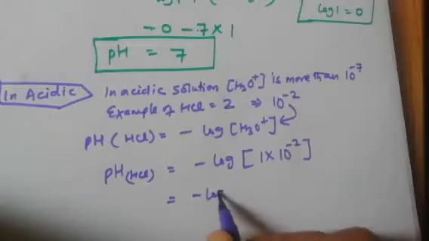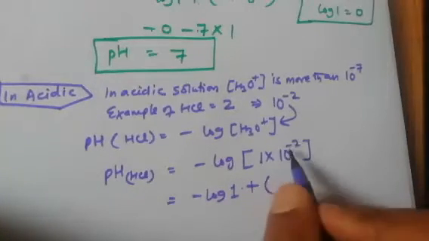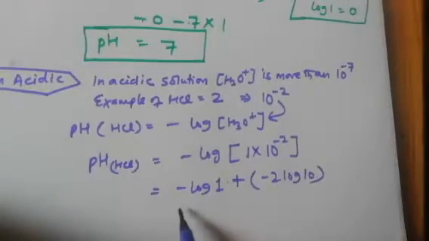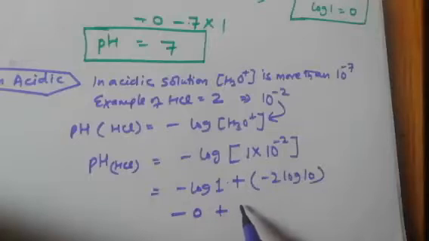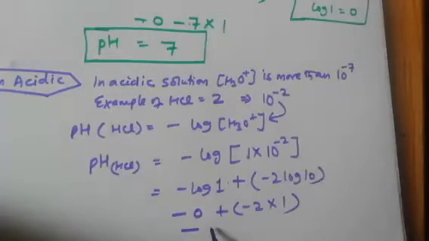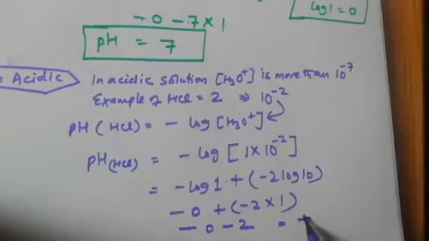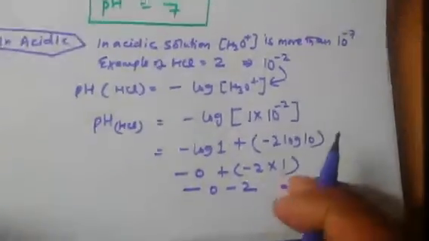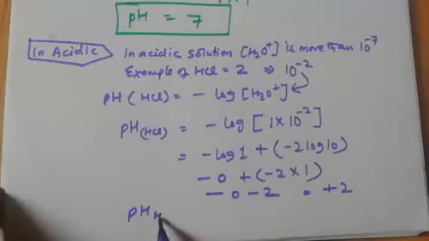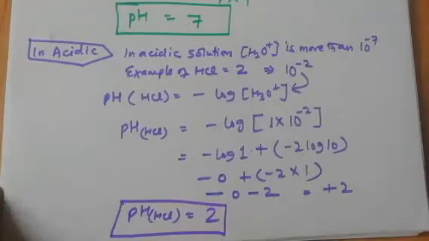That is minus log 1 plus minus 2 log 10. Minus log 1 is 0, and minus 2 into log 10, which is 1, gives minus 2; with the minus sign in front it becomes plus 2. So the pH of HCl or any such acid is 2. In this way we can calculate the pH of any acid.